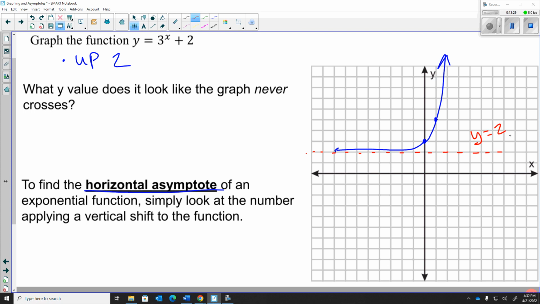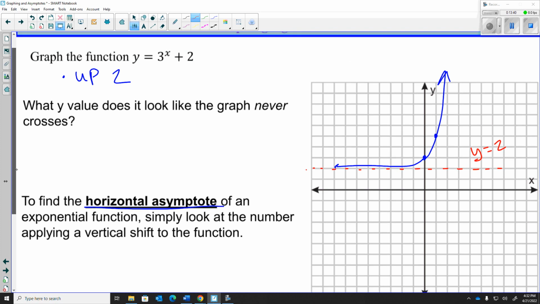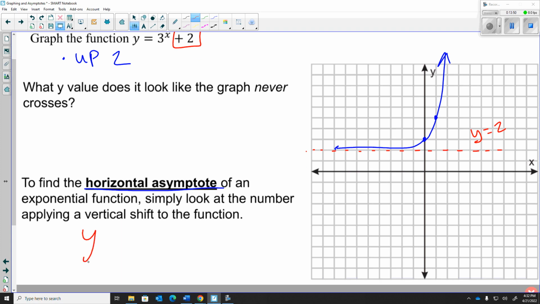To find the horizontal asymptote of an exponential function, just look at the number applying a vertical shift, the number at the end that's moving you up and down, and that is your horizontal asymptote. So this one is y equals 2, which is what it looked like over here.